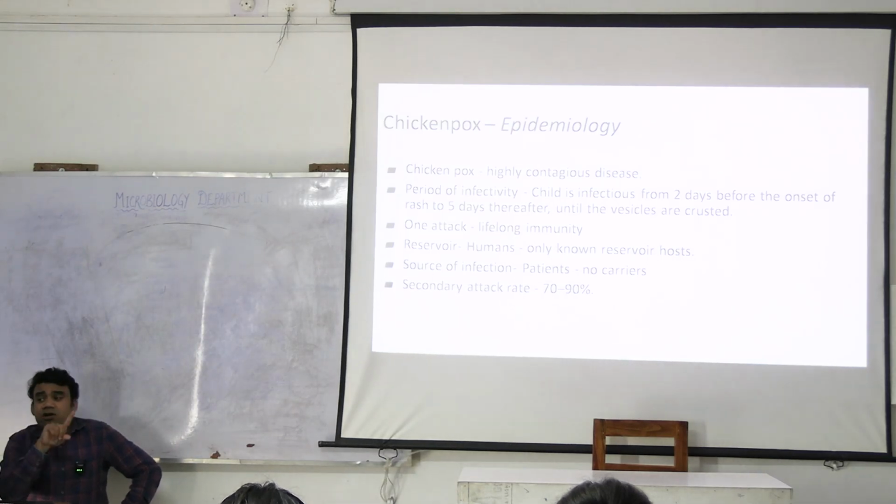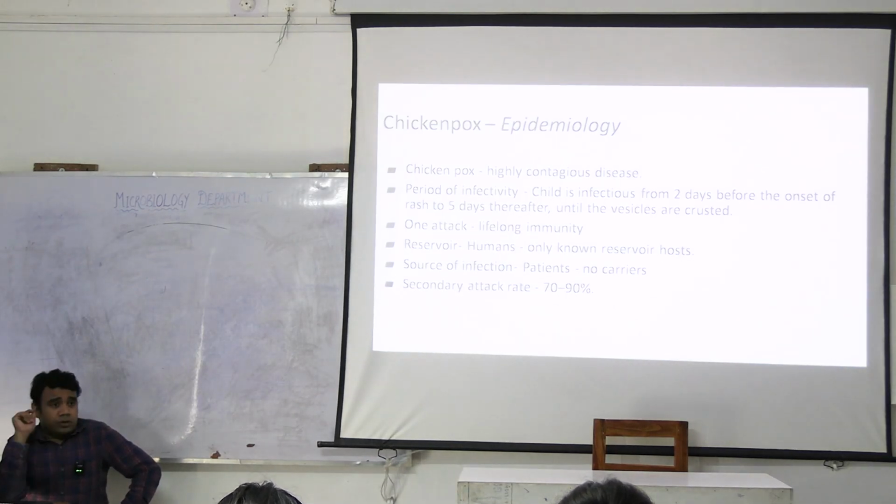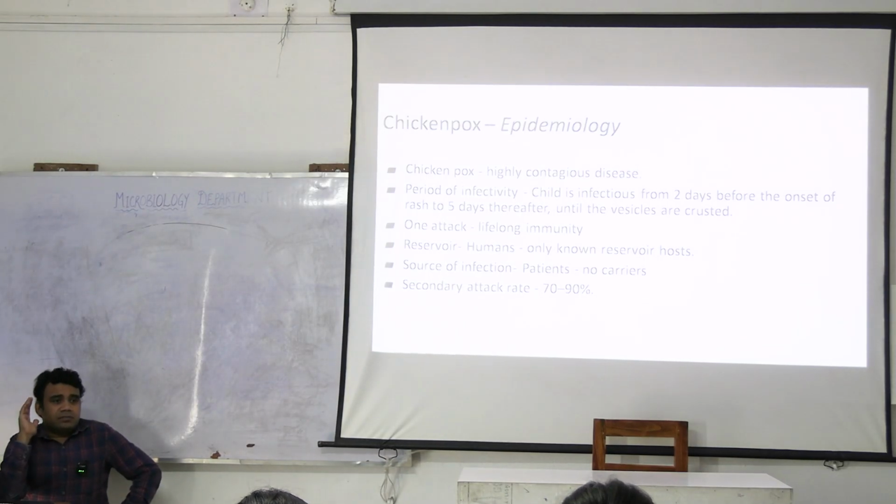Next, the period of infectivity. This is very, very important. That is from 2 days before the onset of the rash to 5 days after the vesicles have clustered. Keep this in mind. So, how long is any person infective?